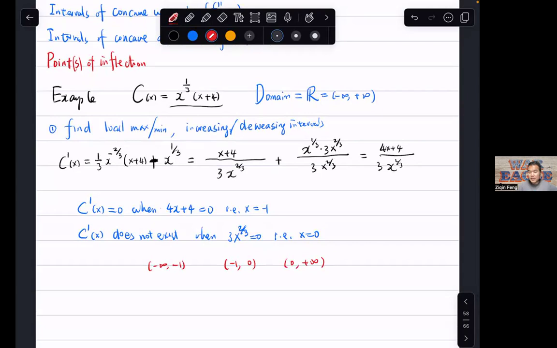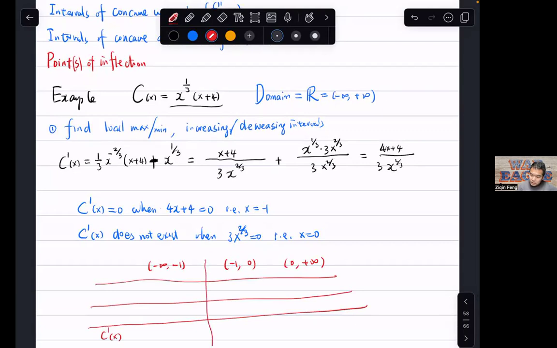You want to decide c prime of x is positive or negative. You can try to sketch a table here, right? Write down each factor. You have two factors, 4x plus 4, and 3x to 2 over 3, right? So x to 2/3 is x squared to the power 1/3, right?